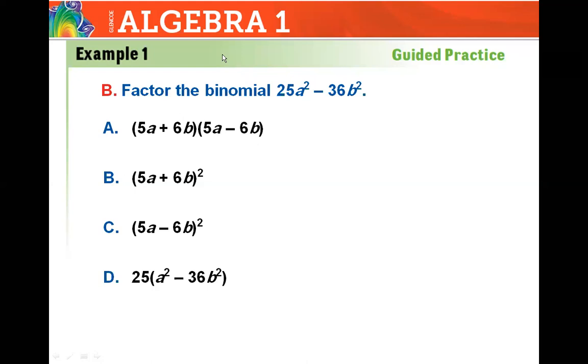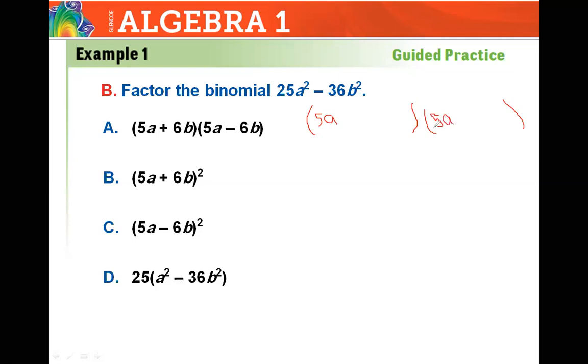So just make the two brackets with me. The square root of 25 is 5. The square root of a power 2 is a power 1. So we write here 5a, and I write here 5a.